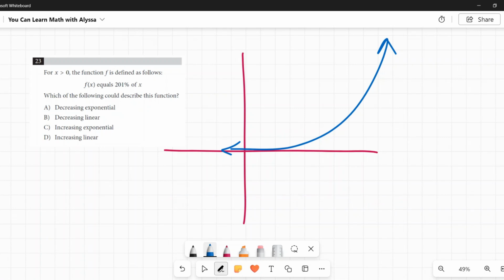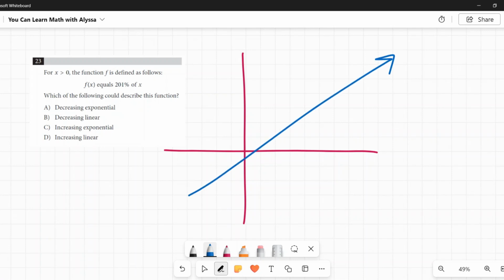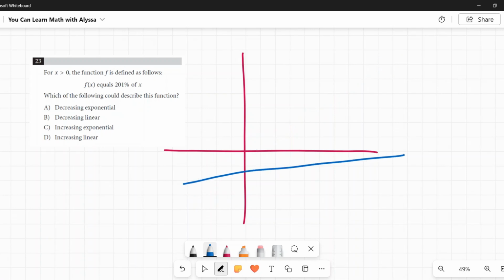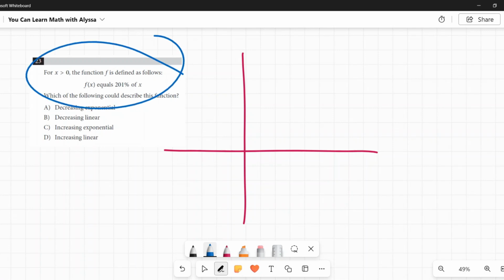Increasing linear is a line that when we go left to right is going up, even if it's ever so slightly. So they want to know this function, which one of those models is it closest to?